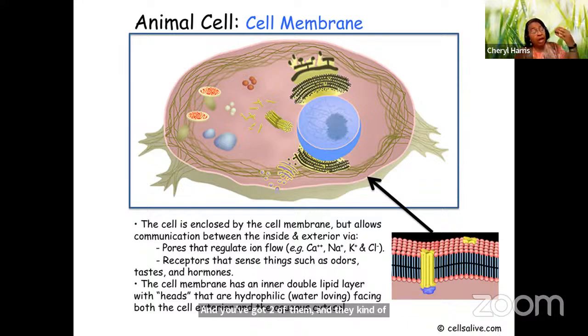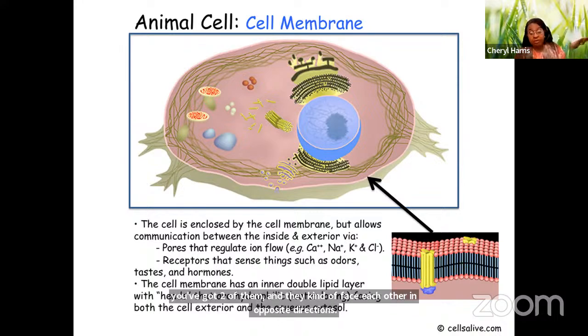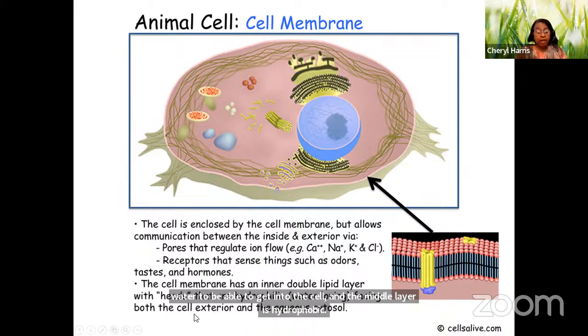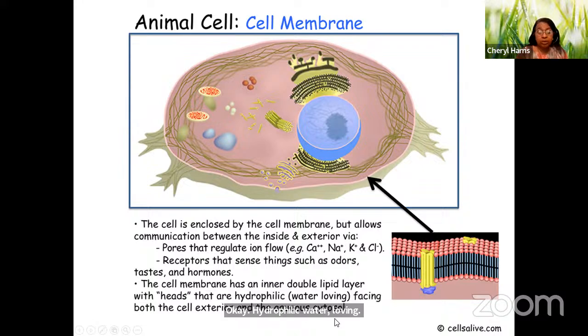You have a hydrophilic end, which are the little round portions, and then each one has a tail, which is the hydrophobic. Hydrophilic attracts water, and we want water to be able to get into the cell, and the middle layer is hydrophobic. Hydrophilic, water-loving; hydrophobic, not liking the water so much.